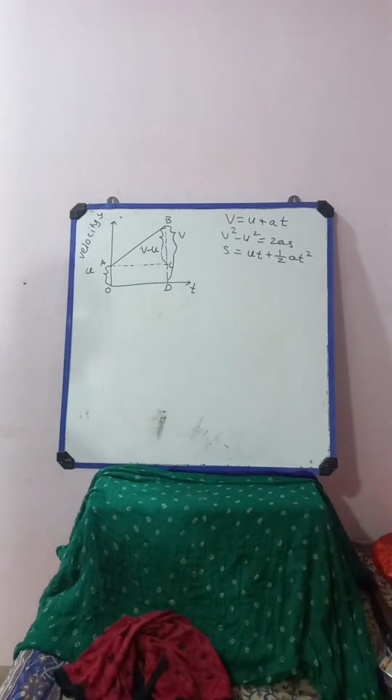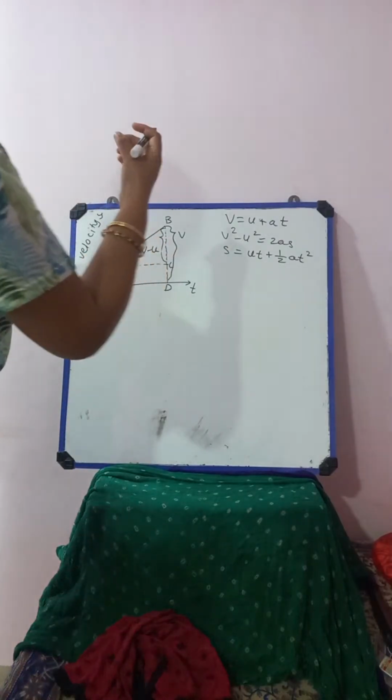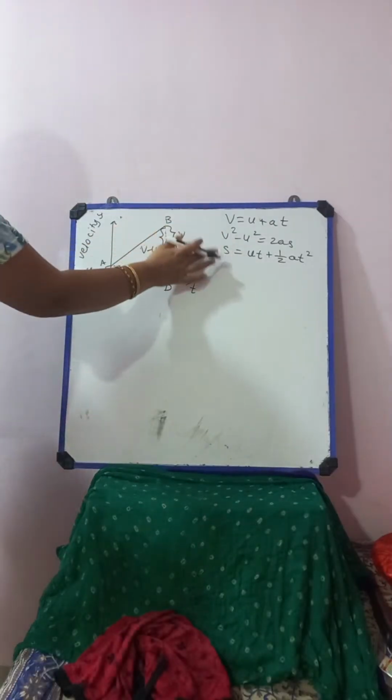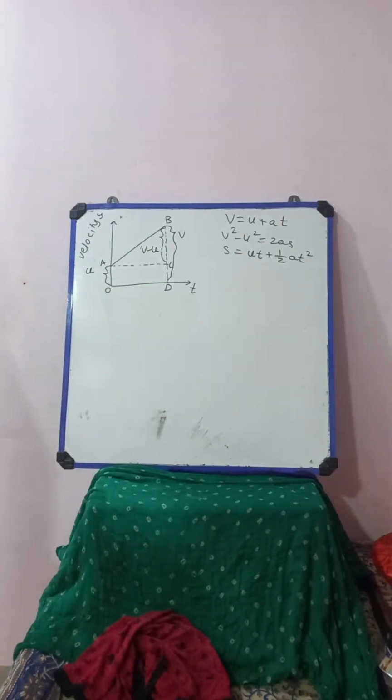So from this velocity and time graph we have to derive the three equations. We did these three equations in class 9 already. Now we have to discuss how to simplify this and get the equations one by one.